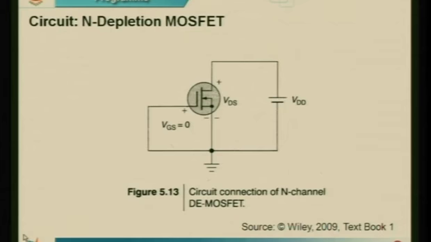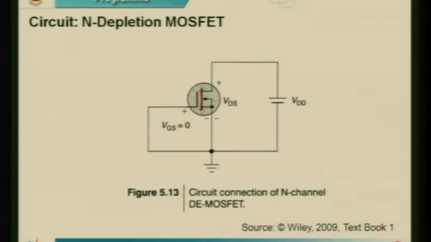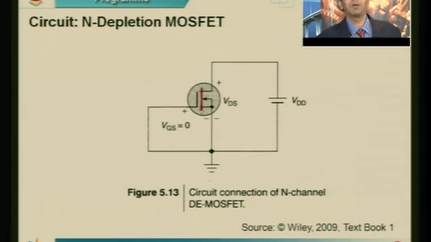Even though VGS is 0, there is already a channel which exists between drain and source. So that's the reason we can have a current which flows from drain to source. I don't need to have a gate to source voltage at all. Even though I am shorting the gate to source, there will be a channel already existing.